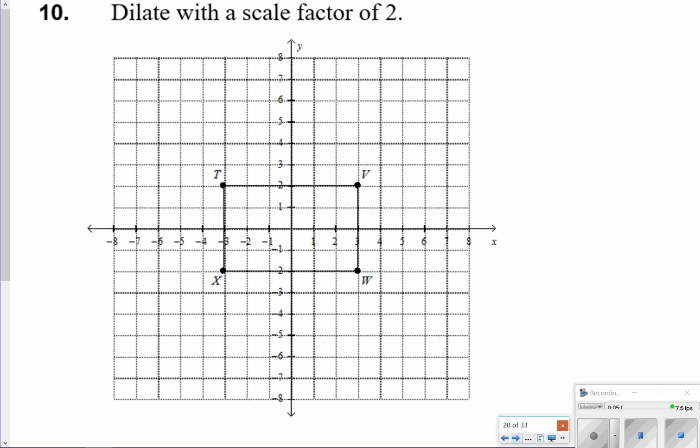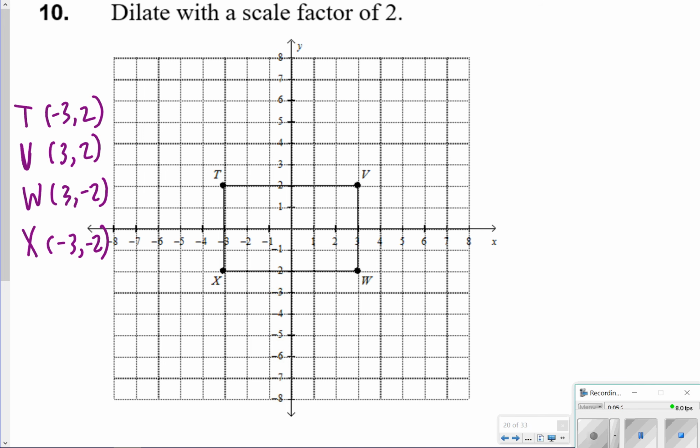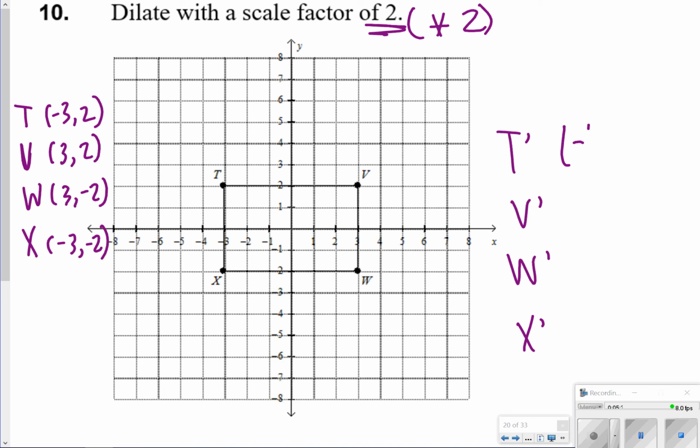For number 10, you're supposed to dilate with a scale factor of 2. An easier way to start is to figure out what all of your original points are first. What I've gone ahead and done is just listed my original points, and that is going to help me establish where my new points will go, because if I'm dilating with a scale factor of 2, that means I'm going to be taking each of those numbers and multiplying by 2. So T prime will be -6, 4. V prime will be 6, 4.